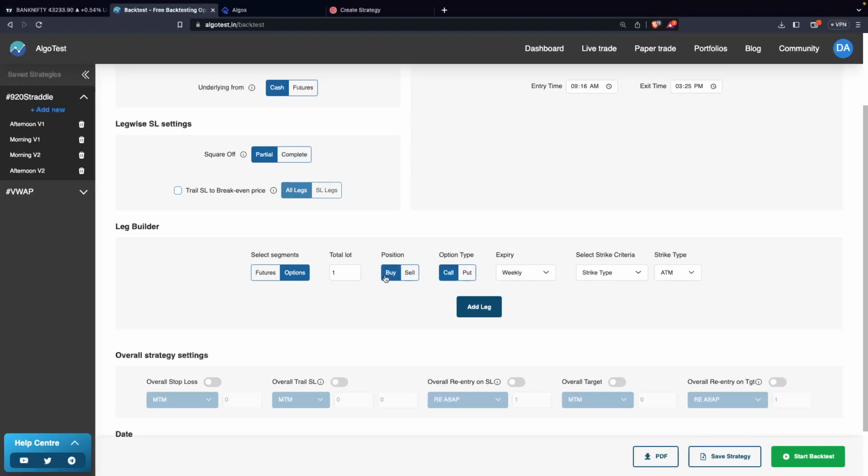Now if we talk about option selling strategies, there are a lot of option selling strategies available in the market. If we see the backtest of those strategies, you will easily get 60 to 70% ROI in a year, which requires funds of at least 1.5 lakhs.